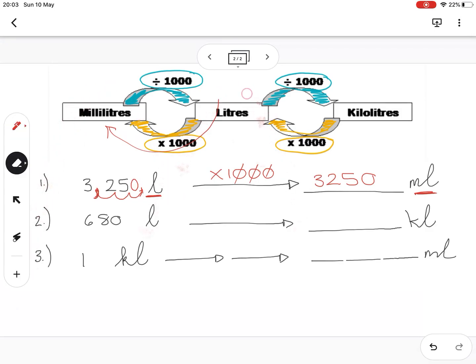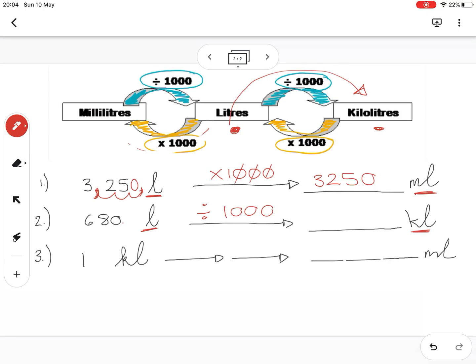Let's look at 680 liters. So I'm here at liters, and I want to go now to kiloliters. It's there. Okay, I'm moving to the right, so I want to divide by 1,000. So dividing by 1,000, but you're going to tell me 680 is then smaller than 1,000, so how can I divide?